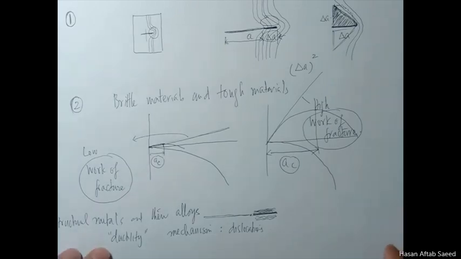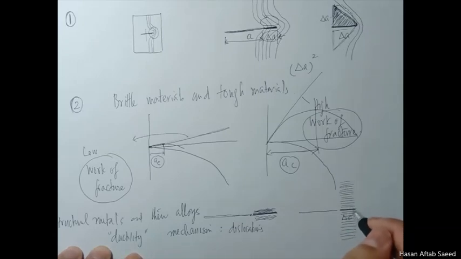Thousands, millions of dislocations move around, and when you have to extend a crack by delta A, you obviously have to create two new surfaces, but thousands of layers here get disturbed because a lot of plastic deformation happens here.